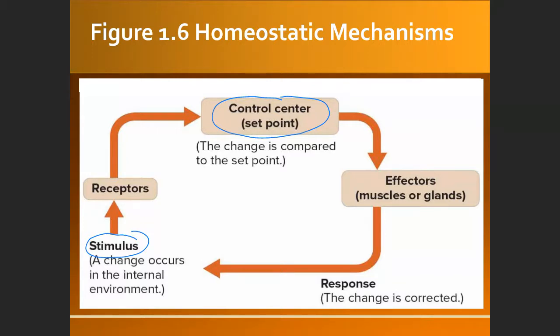And then the control center will give the order to the effector, which is muscle and gland. There are three types of muscle and two types of glands to produce the action, right, the response. And this response will make the condition go back to the normal situation. So this is what we call the homeostasis feedback loop.